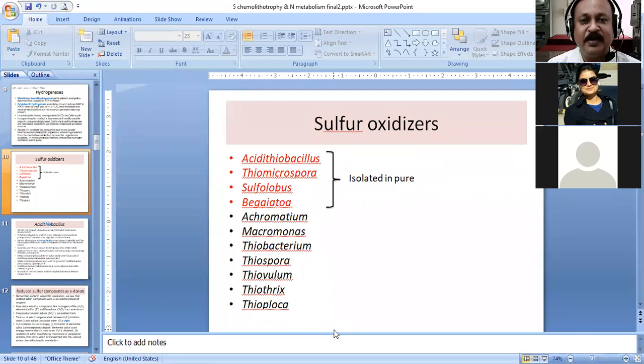Do you remember that? There we saw that the sulfur compounds were serving the role of the terminal electron acceptor. Now here, in contrast, the sulfur compounds are serving the role of electron donors. That is a very interesting thing.